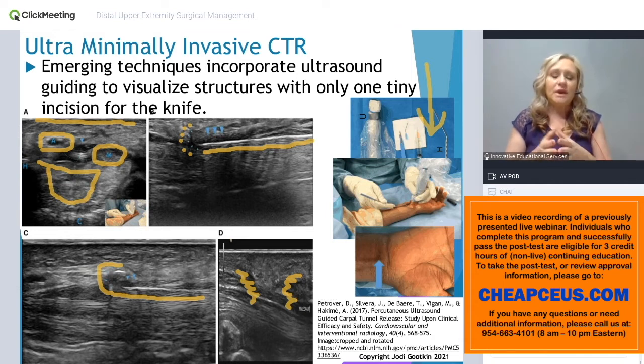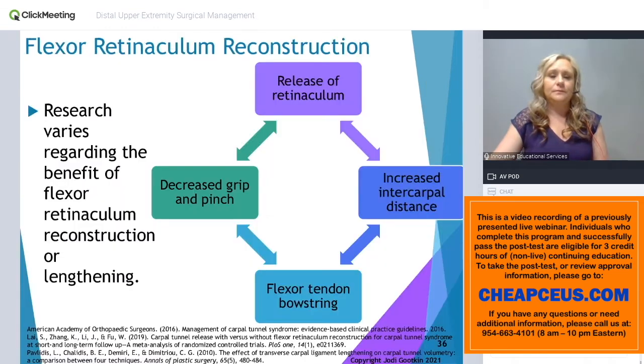So it's just going in, and this percutaneous procedure is releasing specifically where those deep adhesions may be located. It does not disrupt all of the architecture in that area. And that's a thought for our patients who have the more open procedures. Some physicians may incorporate into that surgical technique a flexor retinaculum reconstruction.